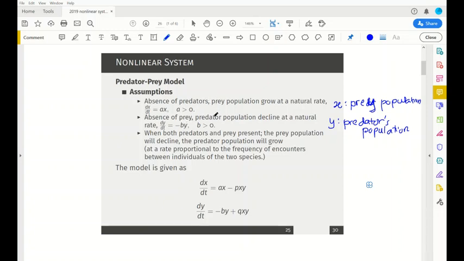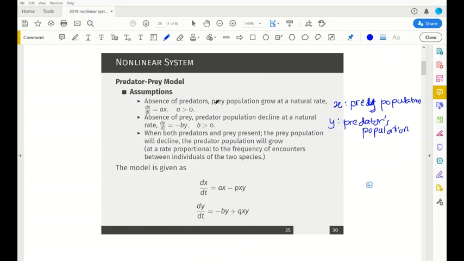So why do we have these assumptions? This is related with the problem. In this problem we have predators and prey, where predators depend on prey as their food.